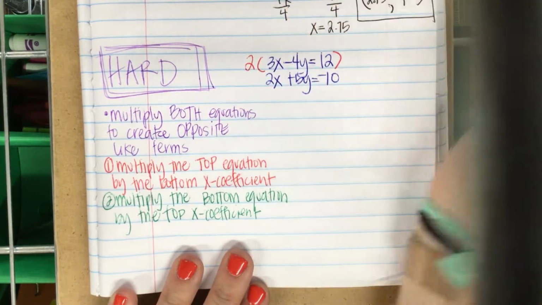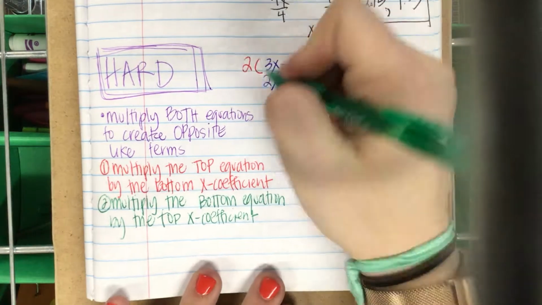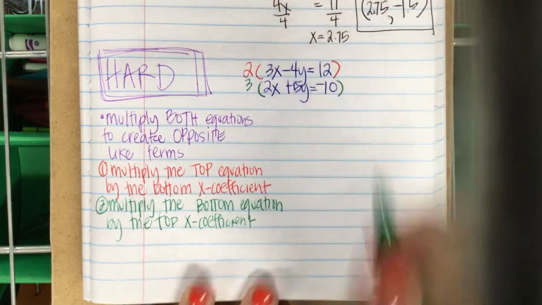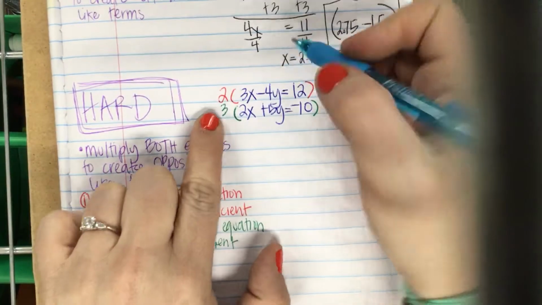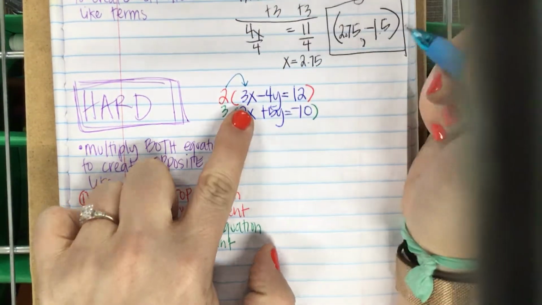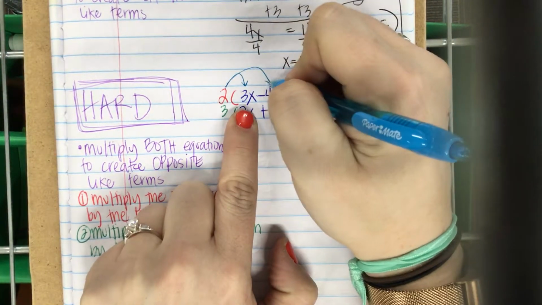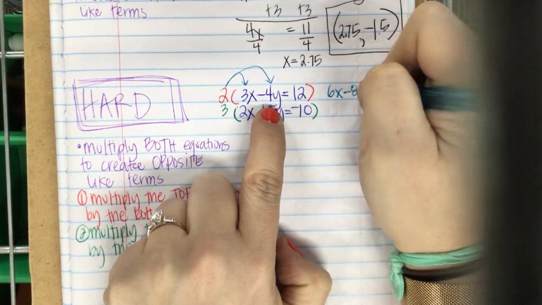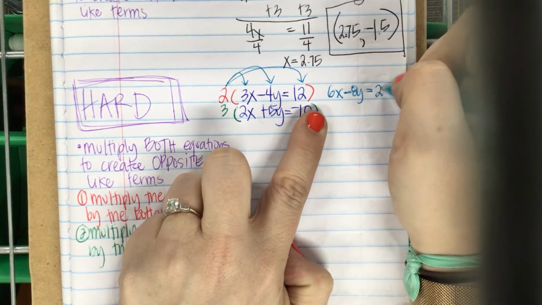2. What does the bottom equation get multiplied by? 3. Ready? 2 times 3x is 6x. 2 times negative 4y is negative 8y. 2 times 12 is 24.